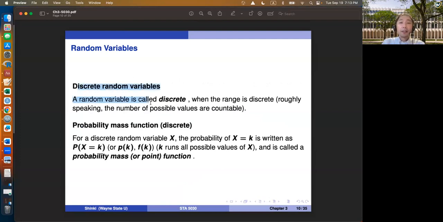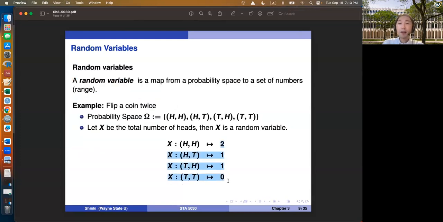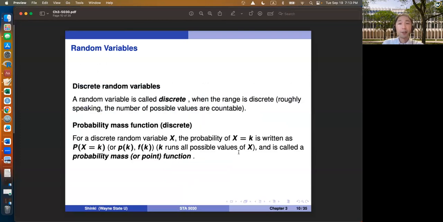If the values are discrete, we say this is a discrete random variable. If the value is any number, we say this is a continuous random variable. In this case, the possible values are just 0, 1 and 2, so this is a discrete random variable. A discrete random variable is easier to describe because we only have countably many cases, typically finitely many.